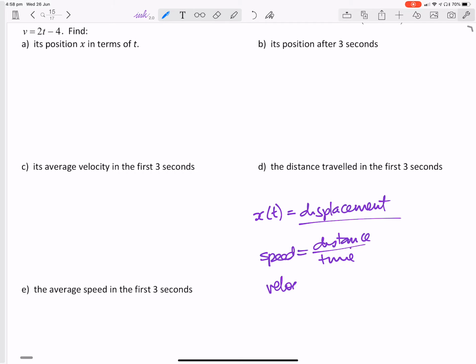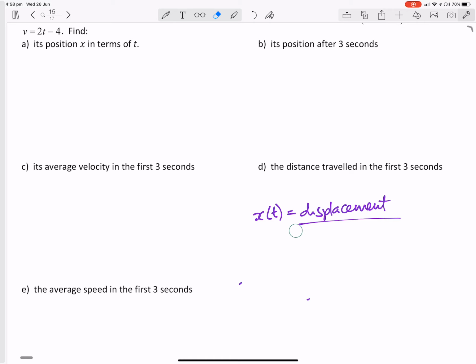Well, velocity is displacement over time. So that would be average velocity. That would be your change in displacement over your change in time. The delta means changing. So if I wanted to work out average velocity, we've got to use our displacement.